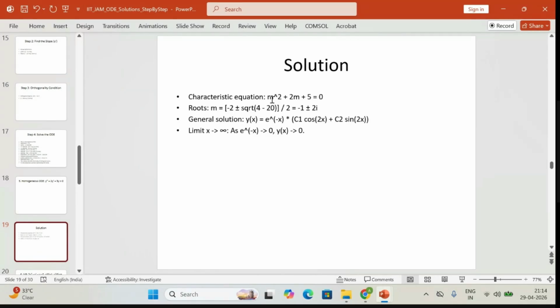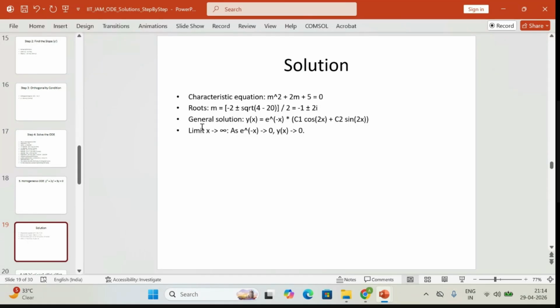So basically, the characteristic equation is m square plus 2m plus 5 equals 0. Then you will calculate the roots. m will be equal to minus 1 plus or minus 2i. So the general solution will be y(x) equals e to the power minus x, c1 cos 2x plus c2 sin 2x.